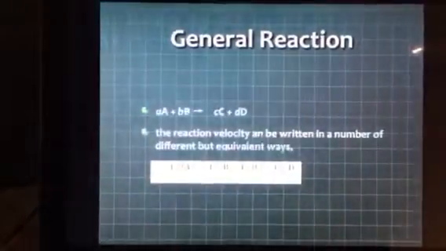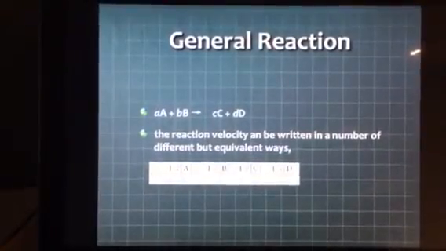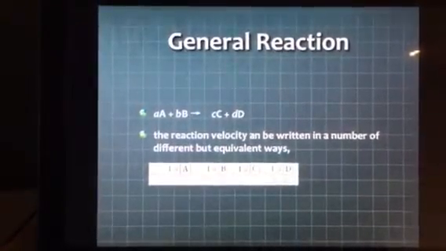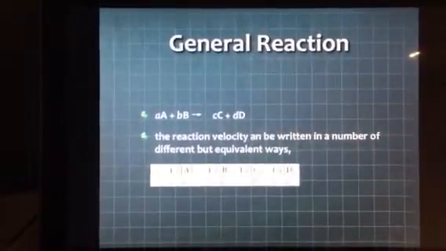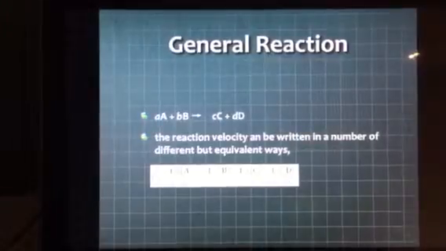Hello everyone, I'm Yuki. The first thing I want to talk about is the general reaction. Look at this formula: aA + bB = cC + dD. The reaction can be written like the picture.